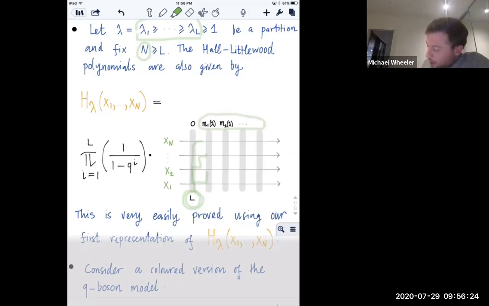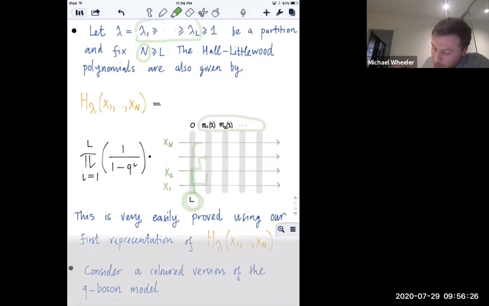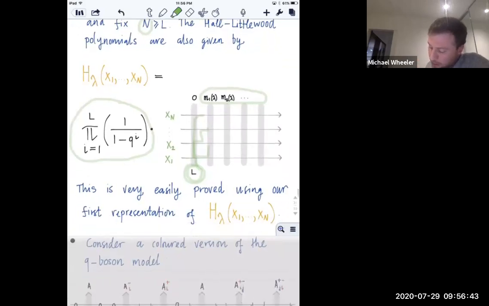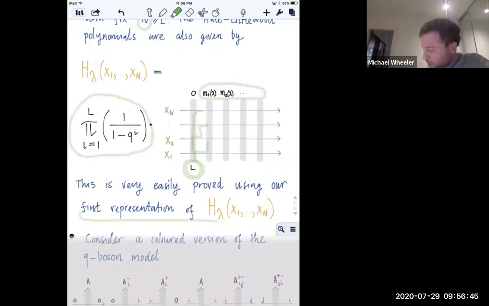Okay. So the claim is that this thing here, up to this normalization, is also giving me the Hall-Littlewood polynomials. All right, so this is a nice little exercise if you want to get used to the combinatorics of this model. It's pretty easy to prove that this thing here actually coincides with the first representation of the Hall-Littlewood polynomials.